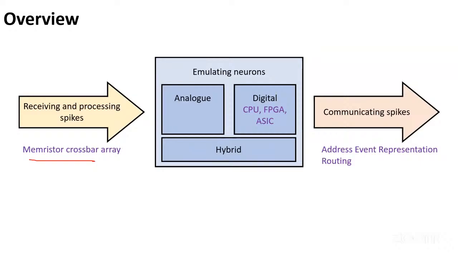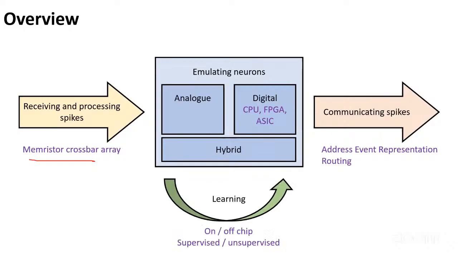If you see the neuromorphic chips that have been developed, they are using the resistive random access memory technology. And the learning, whether on chip or off chip, supervised or unsupervised, will take place in this particular part where you are programming the weights and biases.